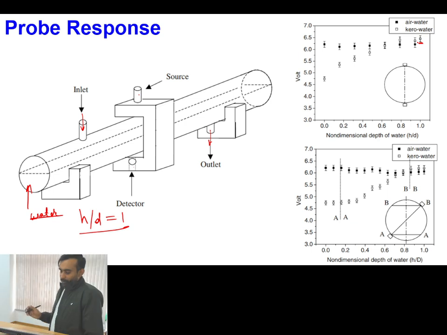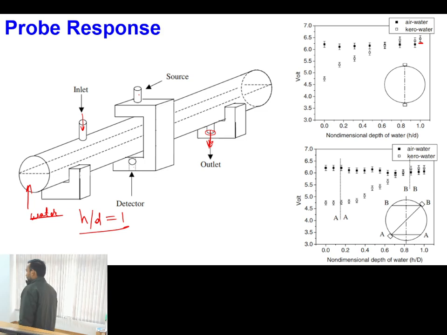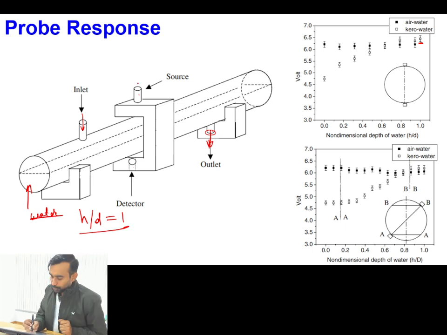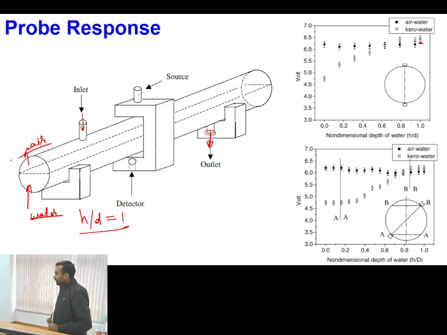Now you slowly start taking out the water. If you take out the water from this outlet, what will happen? The water level inside the pipe will go down, and if you don't supply any other liquid from the top, then the space displaced by the water will be occupied by air, and we will have the presence of an air-water interface in between.